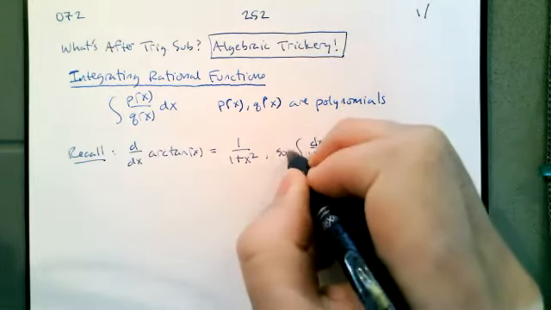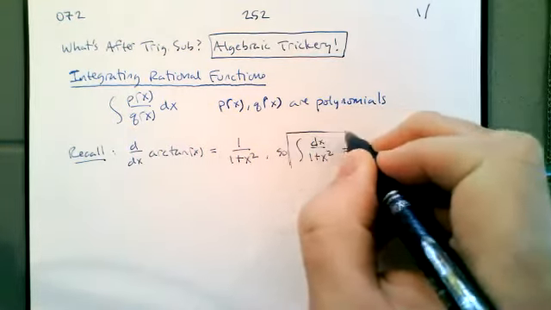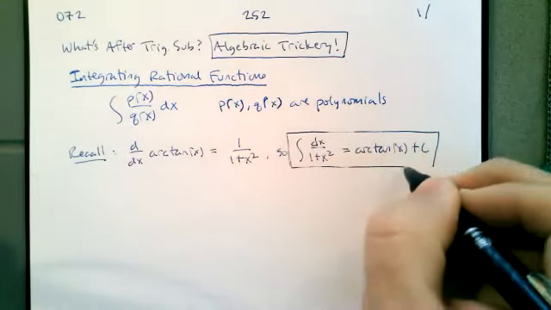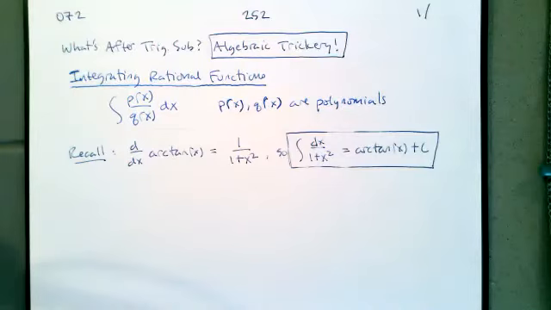Don't want to forget that. We'll lose billions of points. So the integral of 1 over 1 plus x squared is arctangent x plus c.